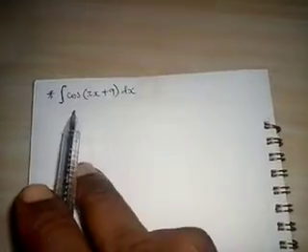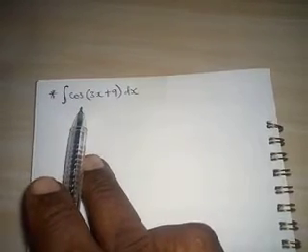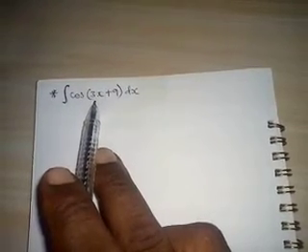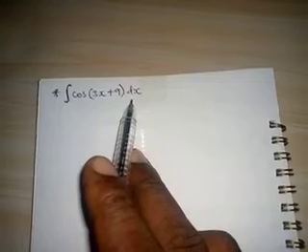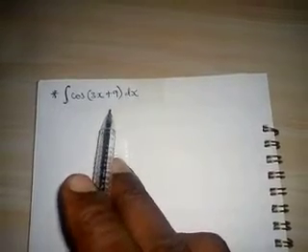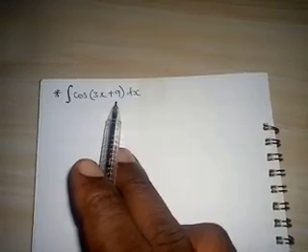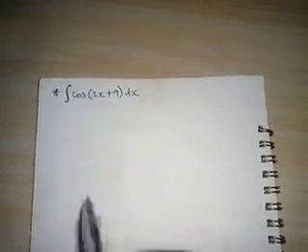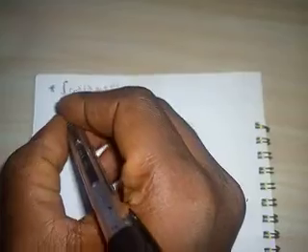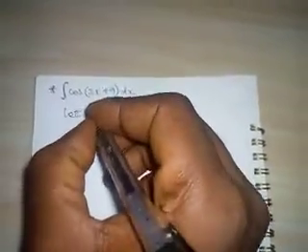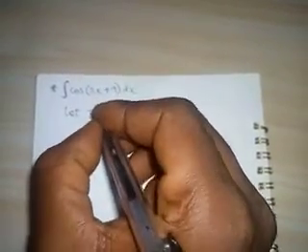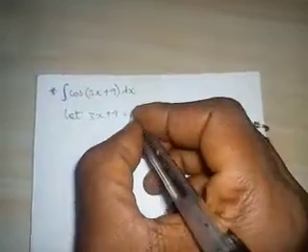This question says integrate cos bracket 3x plus 9 with respect to x. Now we can see that 3x plus 9 is already in a bracket on its own. Since it has x, we can call it one identity and say let 3x plus 9 be called u.